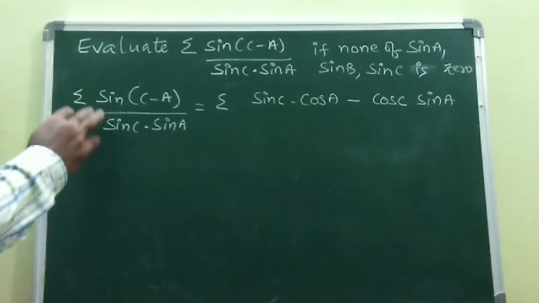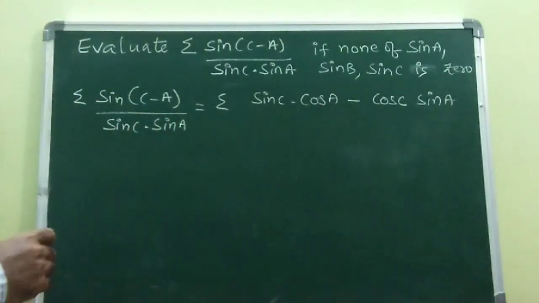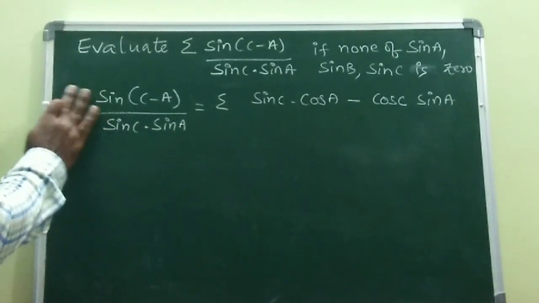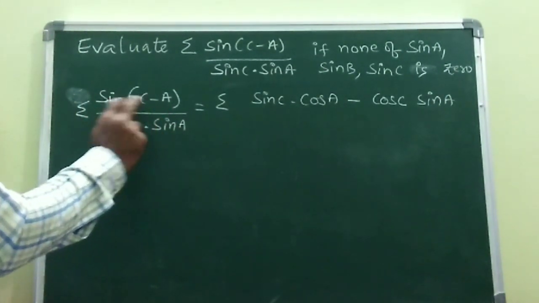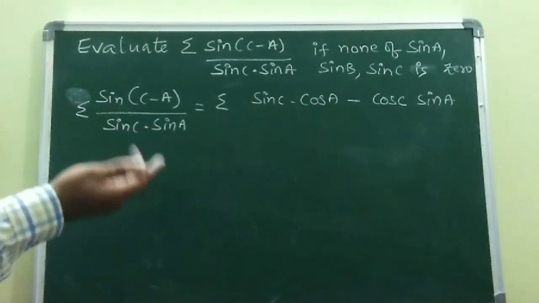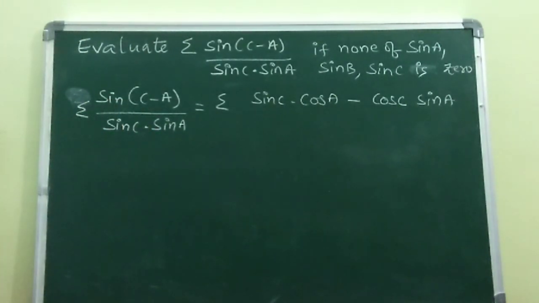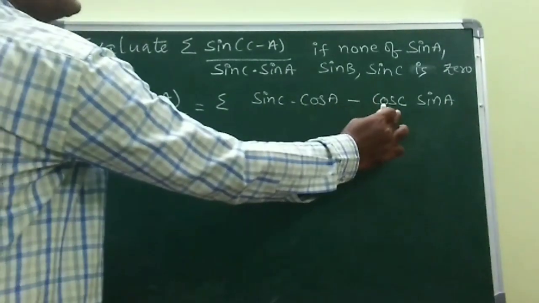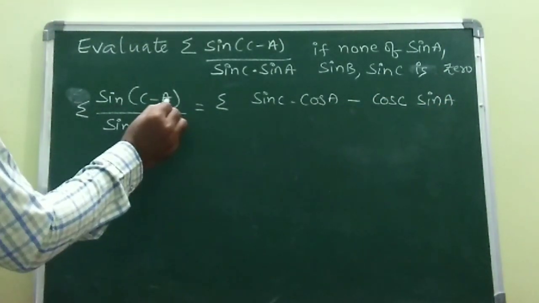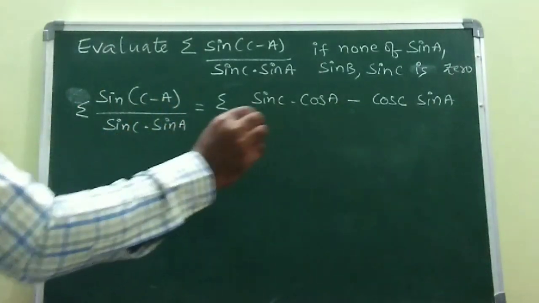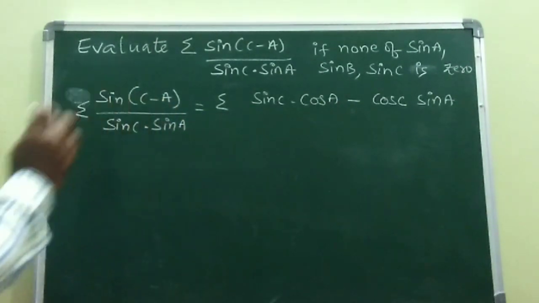So sigma sin of C minus A by sin C into sin A. Sigma for entirely. Now the numerator is sin of A minus B. Use the formula sin A cos B minus cos A sin B. But here A is nothing but C and B is nothing but A. And the whole is divided by sin C into sin A.